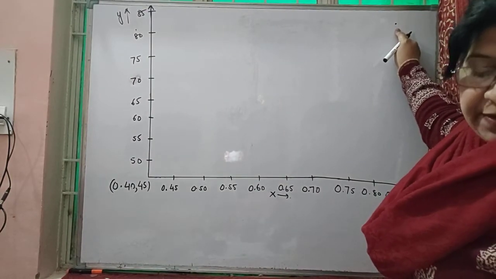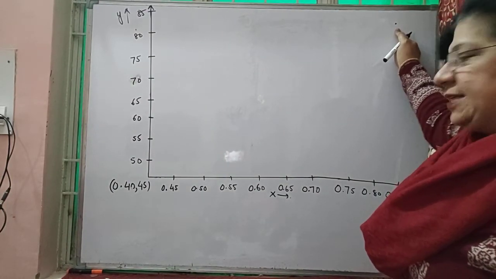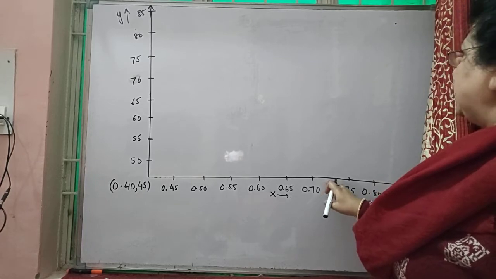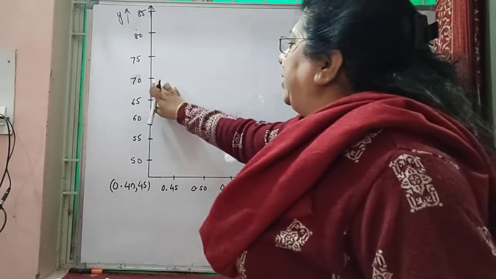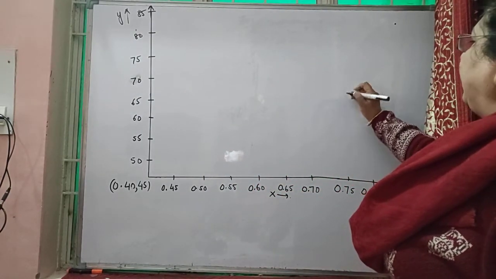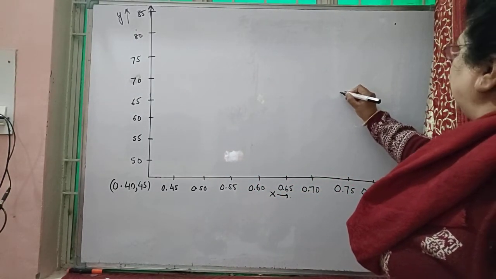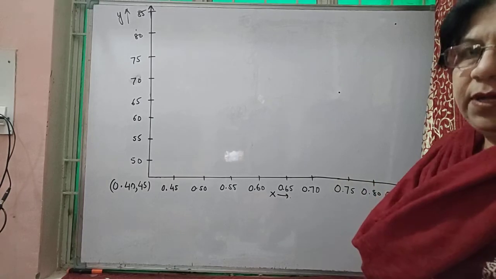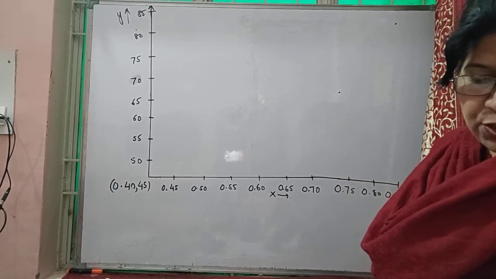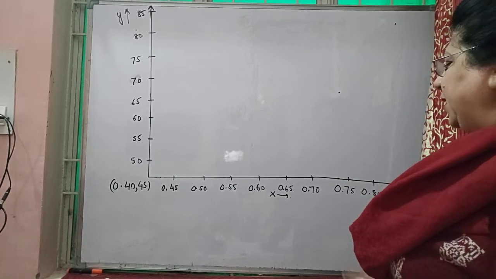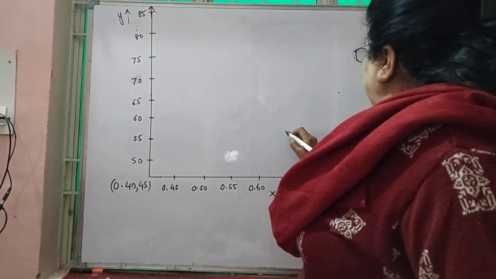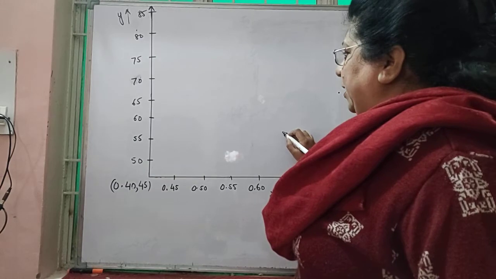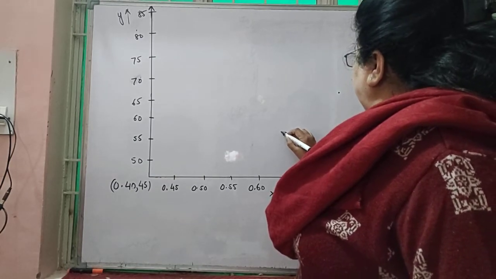Second is 0.72 and 69.6. 0.72 is going to come somewhere here, and 69 is going to come somewhere here. Okay, so this point came. Similarly 0.62 and 58. 0.62 is going to come somewhat here, and 58 will come somewhere here.